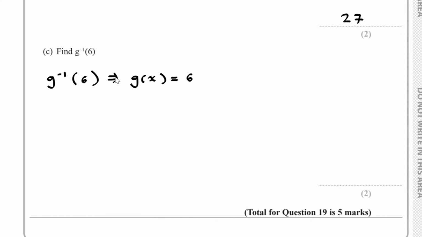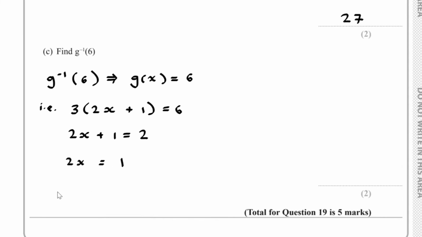So with that in mind, we have 3 multiplied by 2x plus 1 equals 6. We are finding out what x is. Dividing through by 3, 2x plus 1 is equal to 2. 2x is 1. X is equal to 0.5.